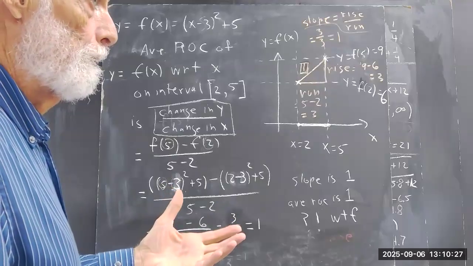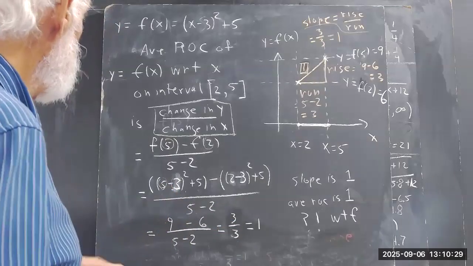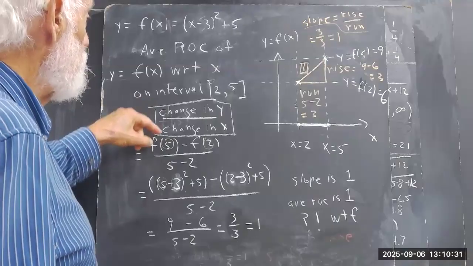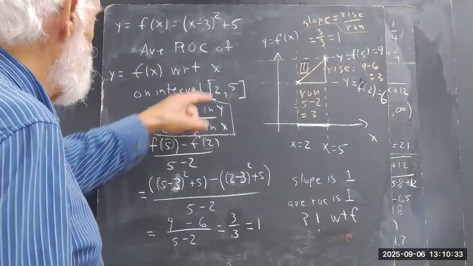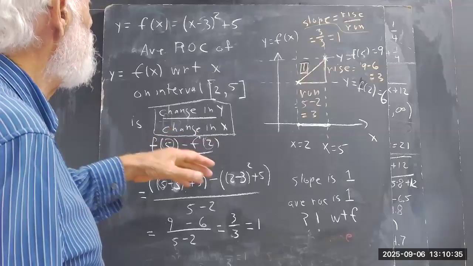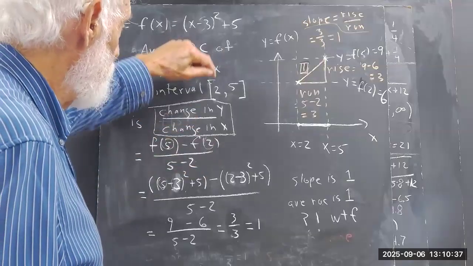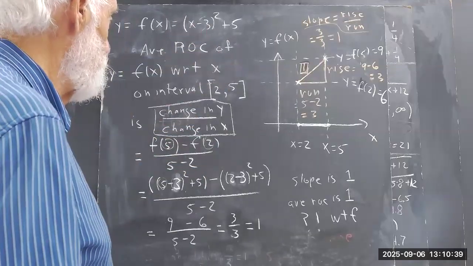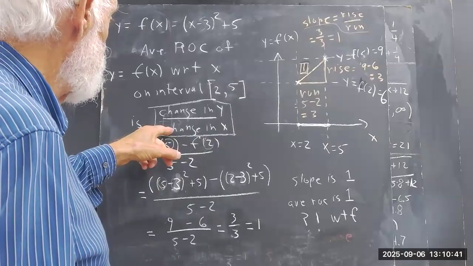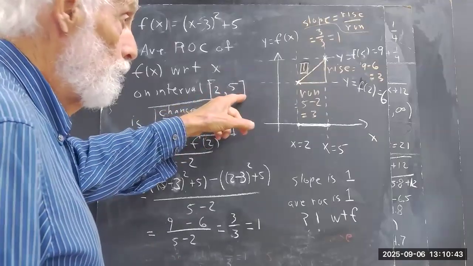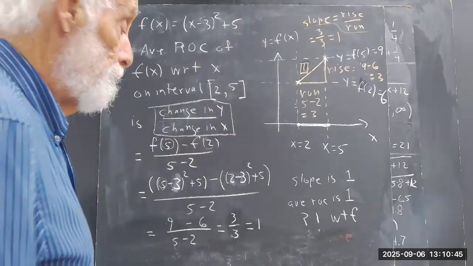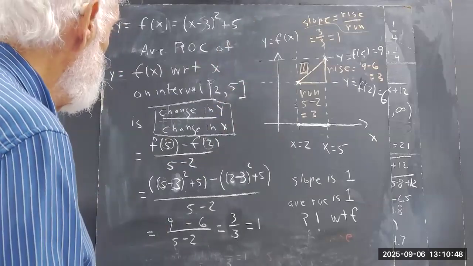What in the world does that mean? It means we calculate the change in y divided by the change in x. This is an interval of the x-axis, so the change in y occurs between x equals 2 and x equals 5. The change in x is the change from 2 to 5. That changes by 3. Okay, the calculation.